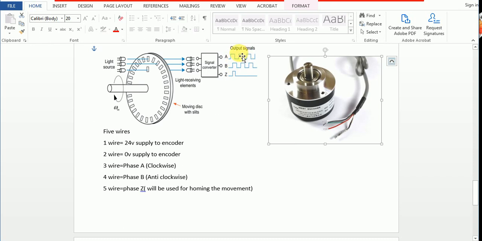By this difference between A and B, the PLC will measure the direction: phase A for clockwise, phase B for anti-clockwise. And the last one is Z. Phase Z is used for homing the movement. It has only one slot, so it is used mostly for homing the machine or motor.